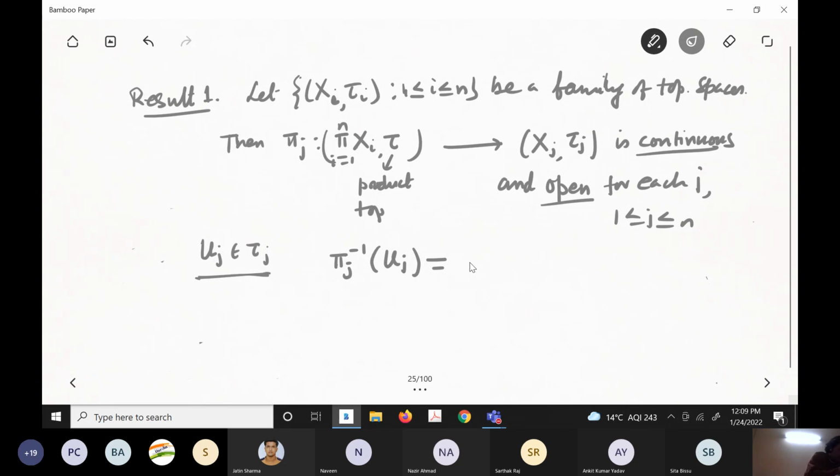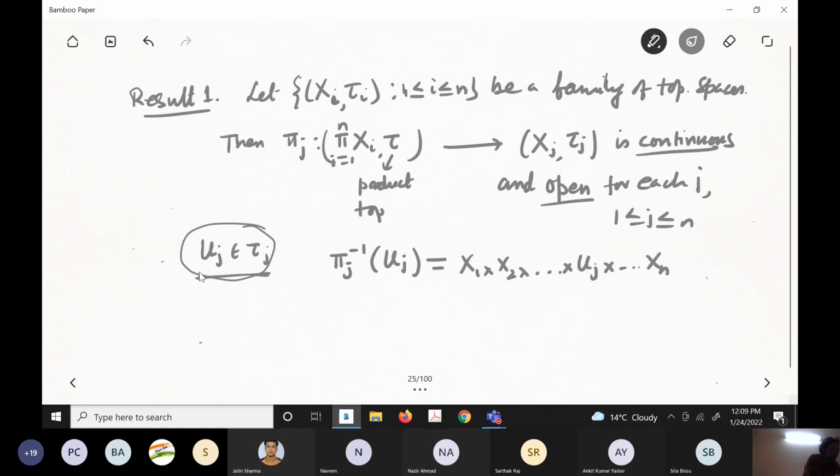So this will actually be X_1 cross X_2 cross ... U_j ... You can check that. If you do the projection, you will exactly get U_j, because the jth coordinate has to be in U_j.